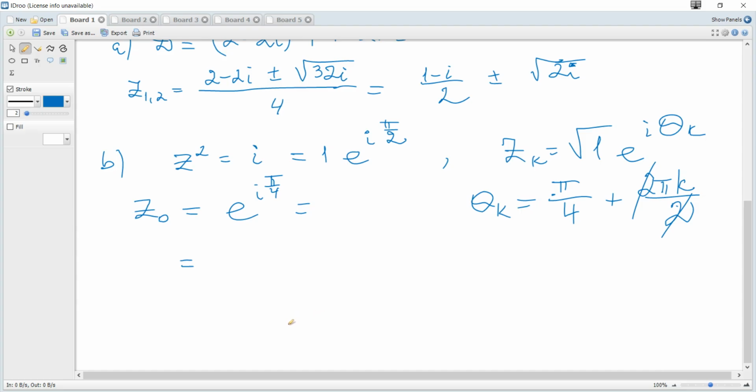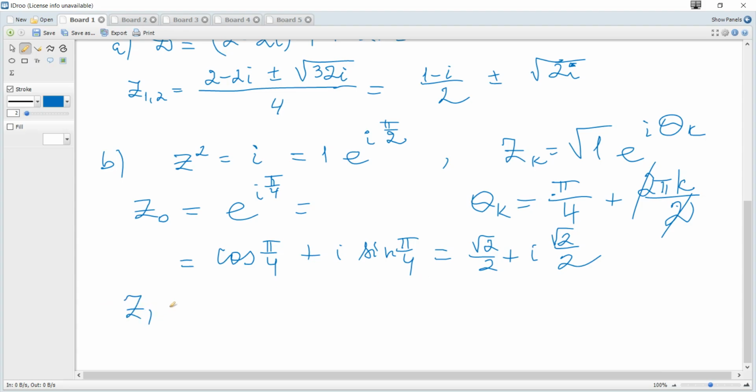Using the formula that r e to the power of i theta is r times cosine theta plus i sine theta, it becomes cosine of pi over 4 plus i sine of pi over 4. Pi over 4 is 45 degrees, and sine and cosine are equal to root 2 over 2, so it becomes root 2 over 2 plus i root 2 over 2.